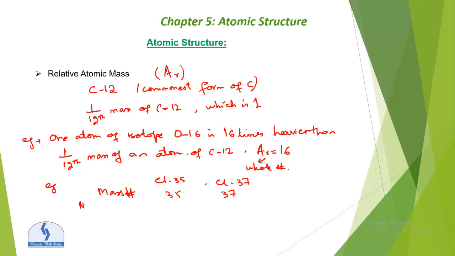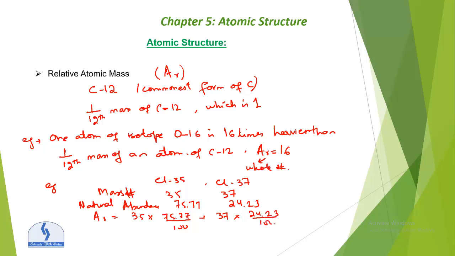The natural abundance of chlorine-35 is 75.77 and the natural abundance of chlorine-37 is 24.23. Now we have to calculate the Ar, the relative atomic mass. How will we do that? We take the mass number 35 multiplied by 75.77 divided by 100, plus 37 multiplied by 24.23 divided by 100.